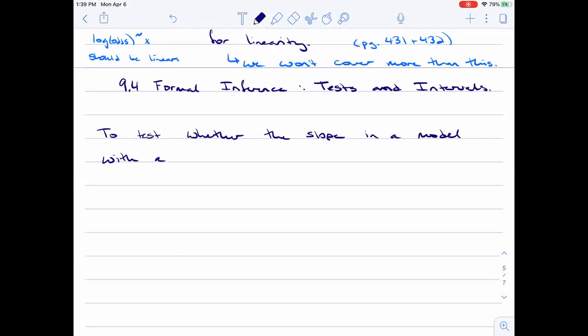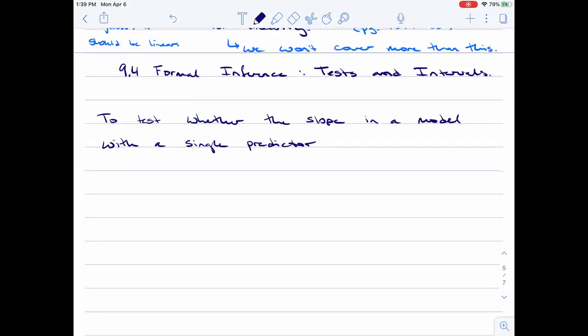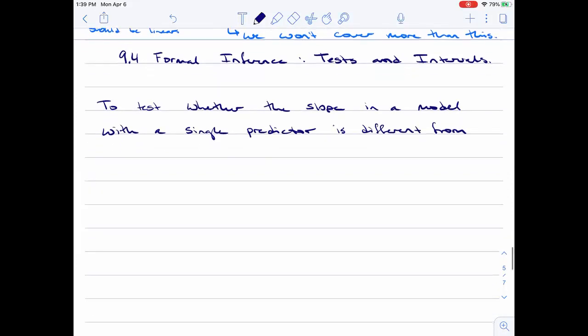So we're just talking about the single case: a single predictor is different from 0.